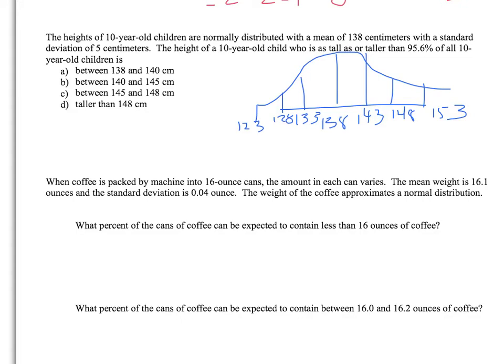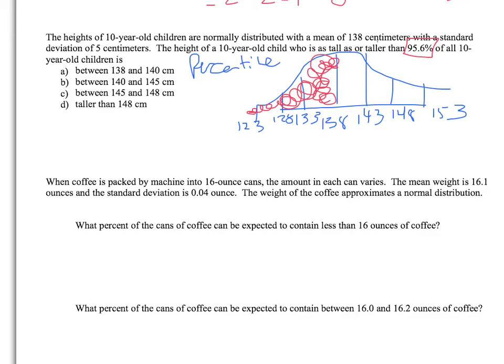It says the height of the 10-year-old child who is as tall or taller than 95.6% of the children. That's a percentile. What that means is we need to add up the percents until we get close to 95.6%. I know below the mean I've got 50%.